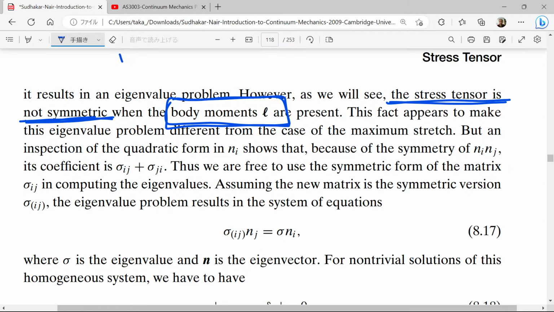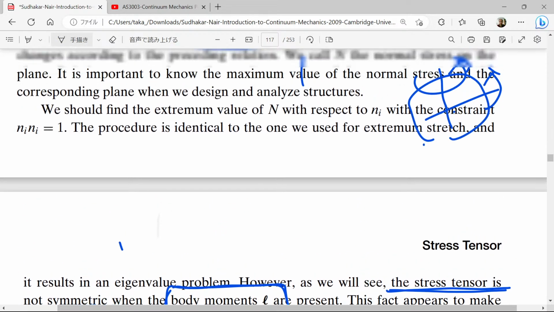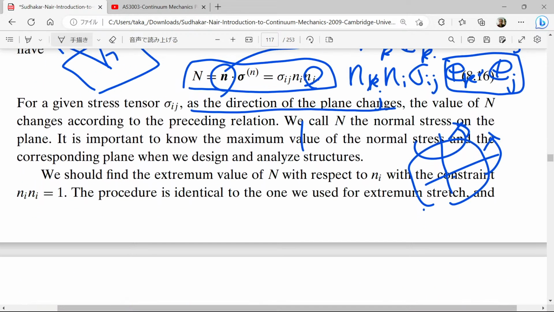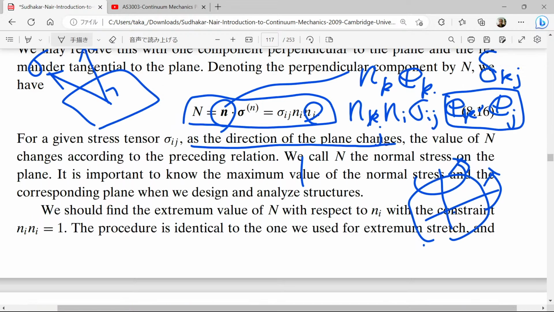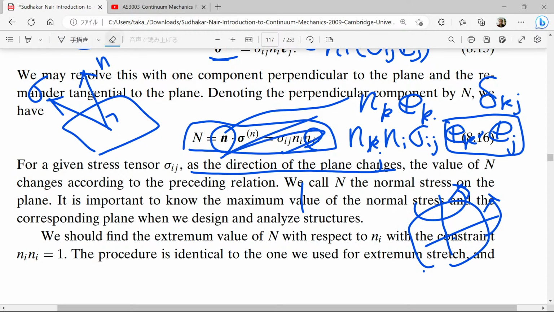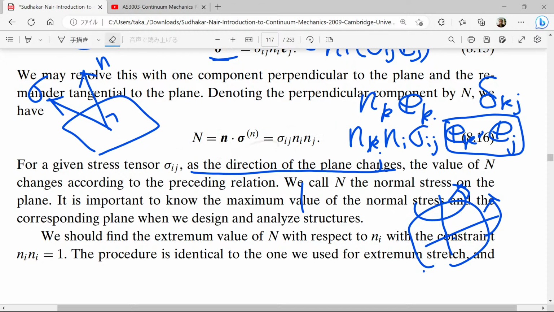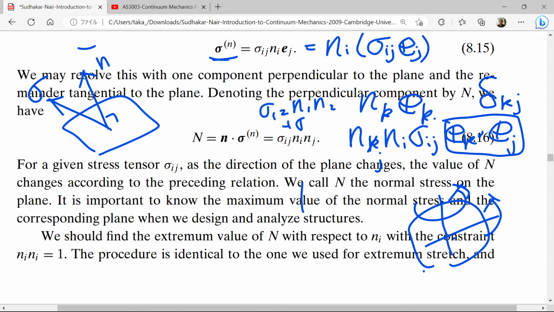Yeah, you can see here. For example, if you consider summation, you have this term like sigma 12 n1 n2. Then you also have a term like sigma 21 n1 n2.